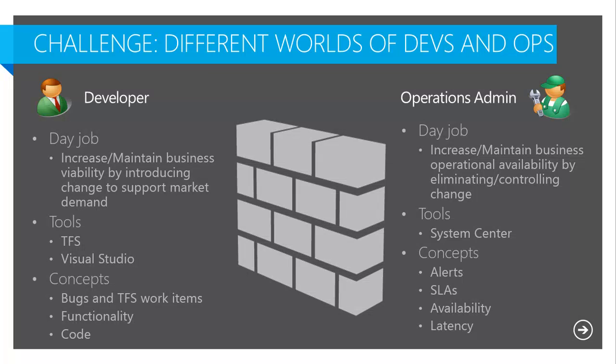But the problem is that developers and operations really speak different languages. When operations speak about problems, they speak in the context of alerts, SLAs, availability, latency. Developers don't usually understand all that terminology. They think about bugs, code defects, lines of code, classes, functionality, all developers' artifacts. So it's very difficult to align those two.